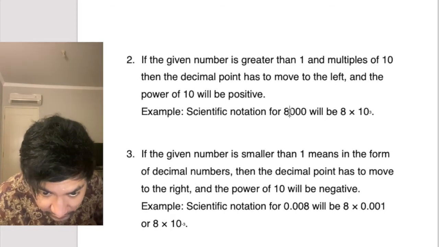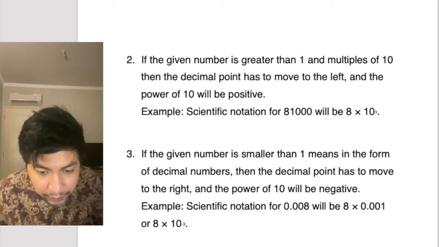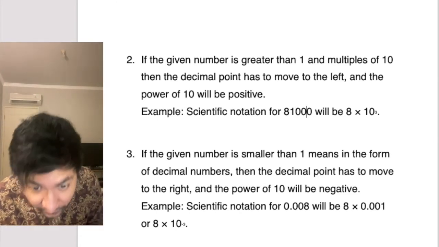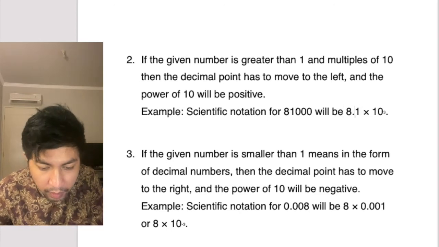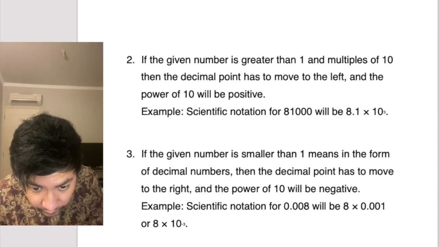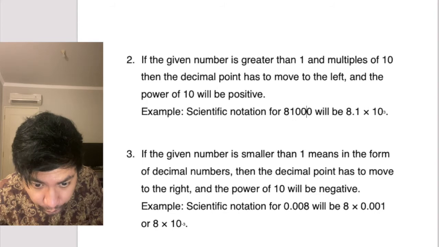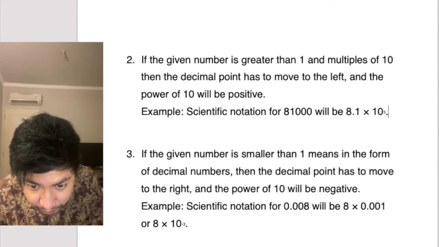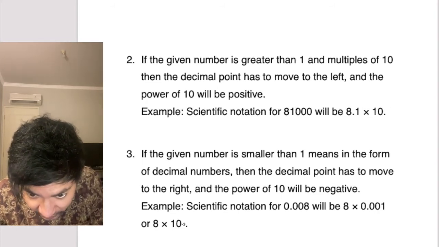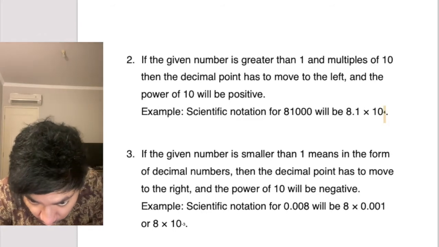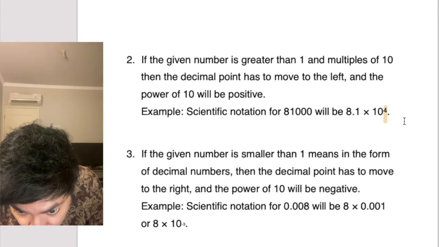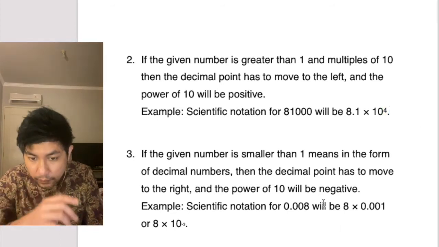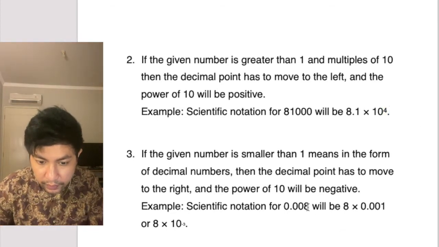Let's make this 81,000, which will be 8.1 times 10 to some power. How many times do we move the decimal point? From here, 1, 2, 3, 4. So 8.1 times 10 raised to 4.